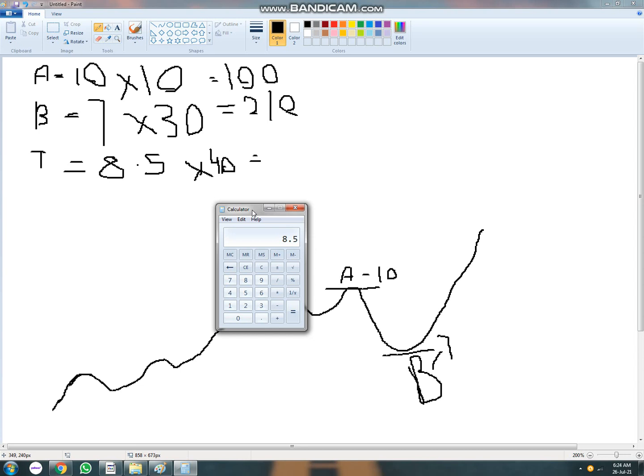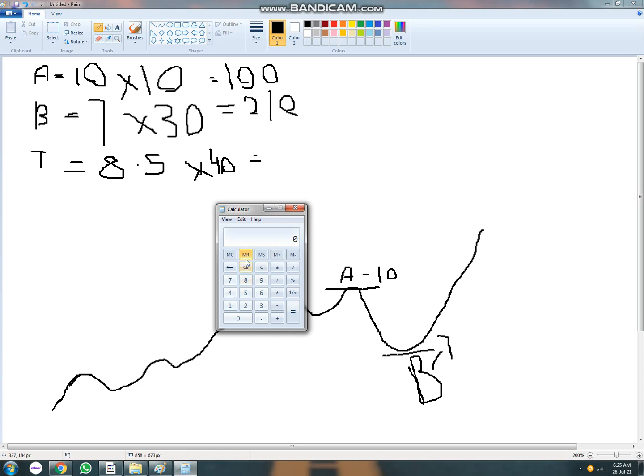So 8.5 multiplied by 40, 340. So it is 310, so it would generally come as 340. So no, wait, 10 multiplied by 10 is 100 and 210, so it's 310, and this is 340.